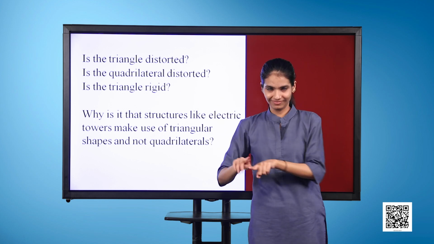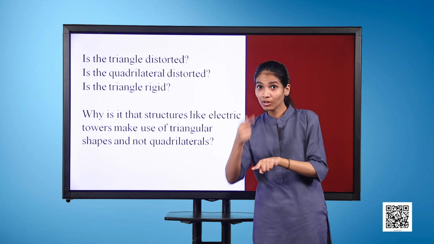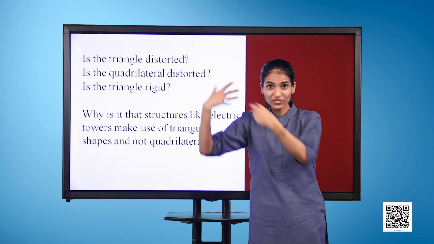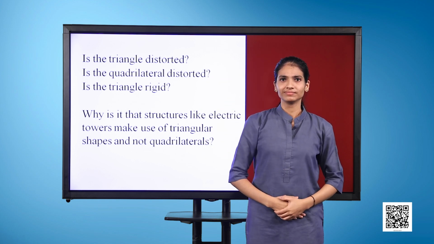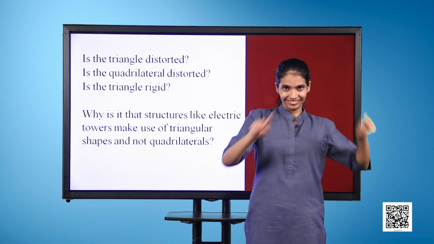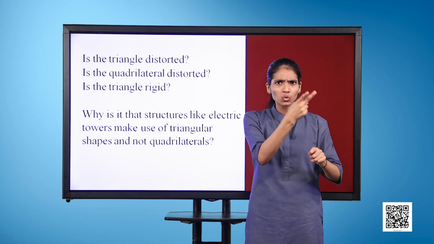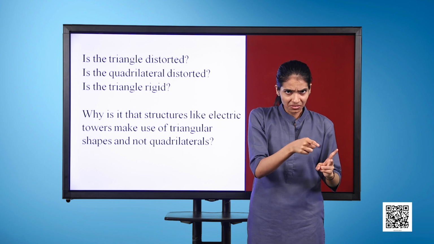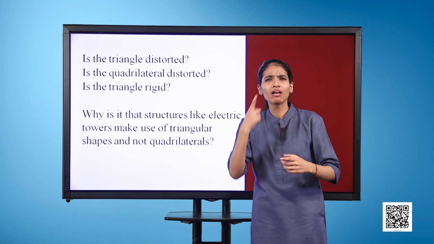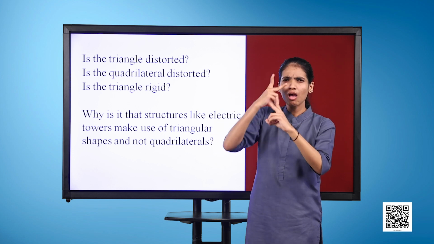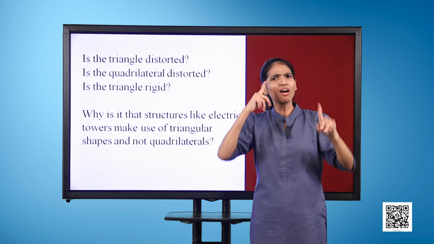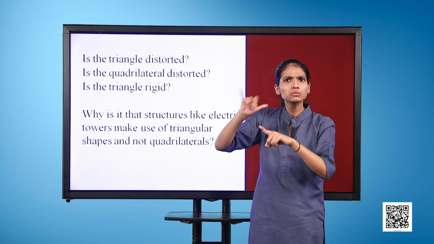Is the quadrilateral distorted? Is the triangle rigid? Why is it that structures like electric towers make use of triangular shapes and not quadrilaterals?